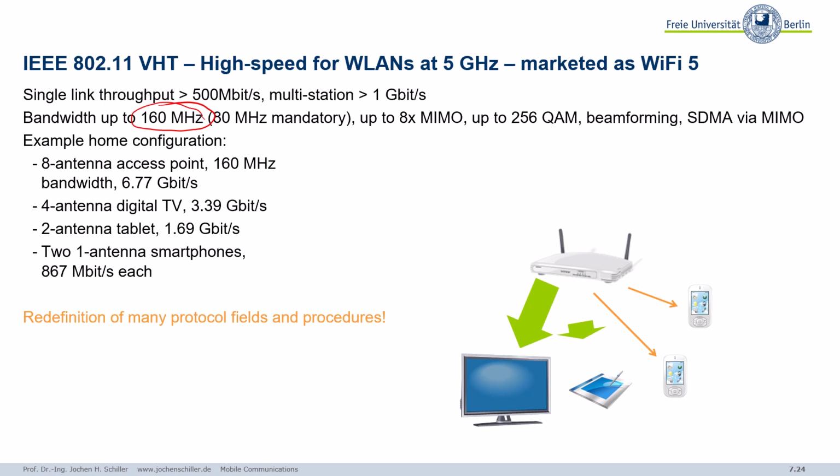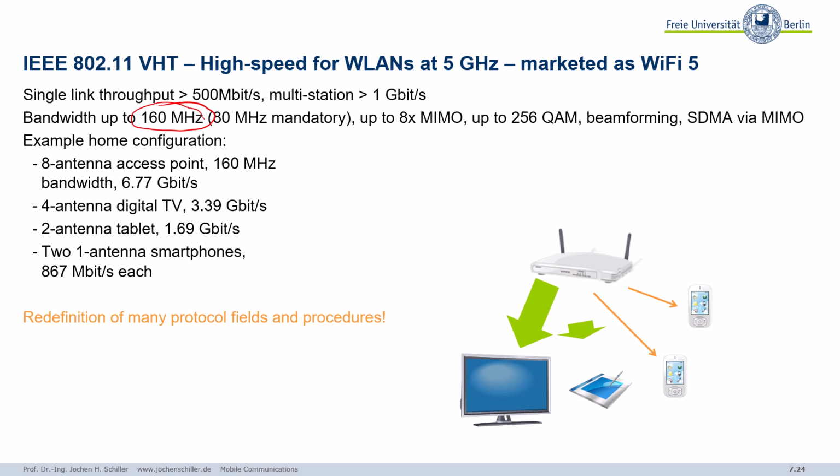And then it depends on the capabilities of your access point. Just as an example, if you have an 8-antenna access point with a data rate altogether of something like 6.7 gigabit per second, you can say 4 antennas are responsible for my digital TV at 3 point something gigabit, 2 more antennas are responsible for a tablet, a single antenna for one smartphone, and another single antenna for another smartphone. So you can split your data streams for different devices.